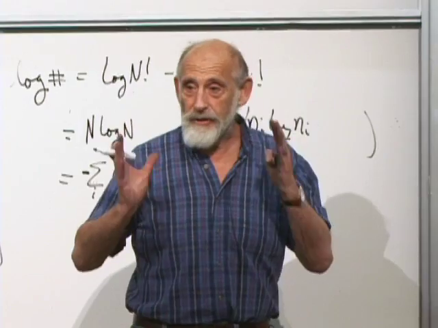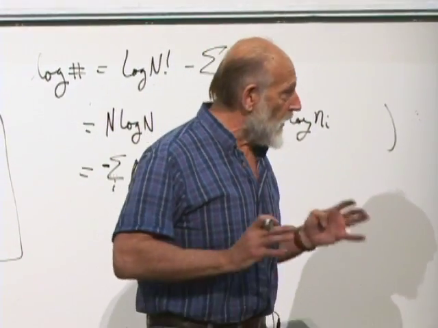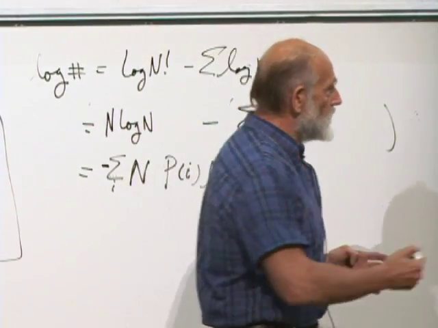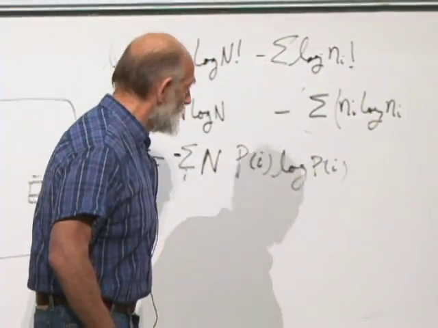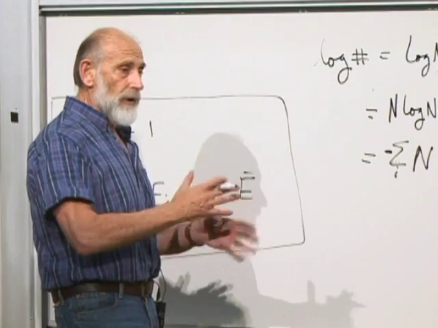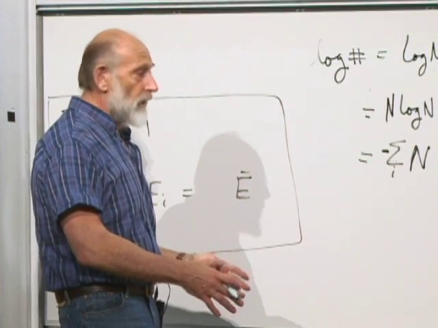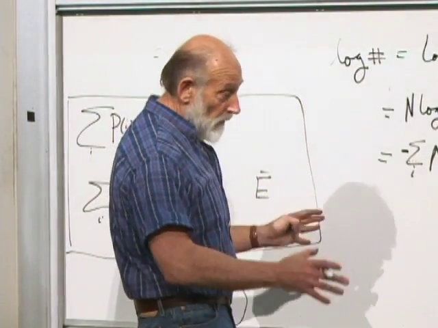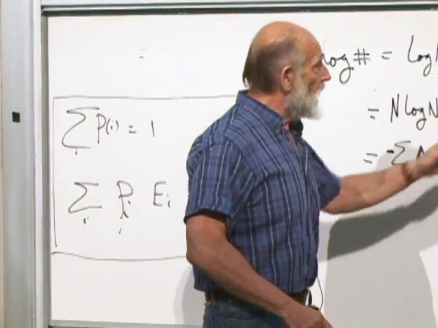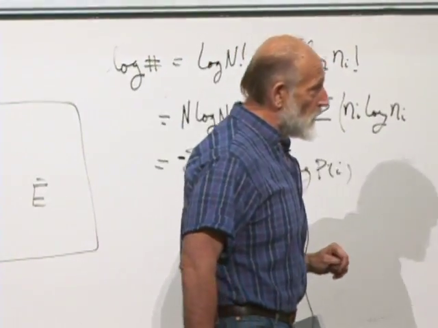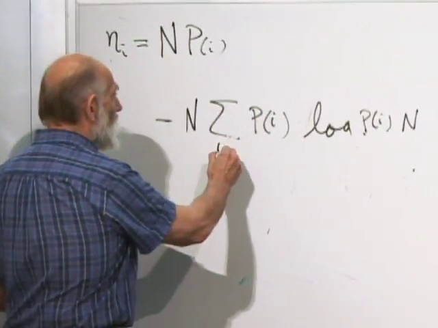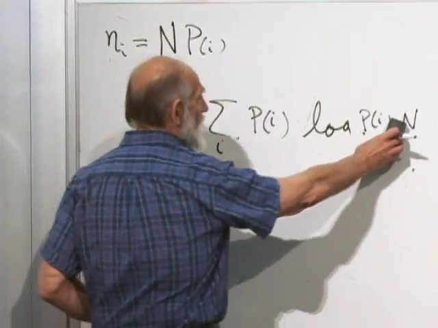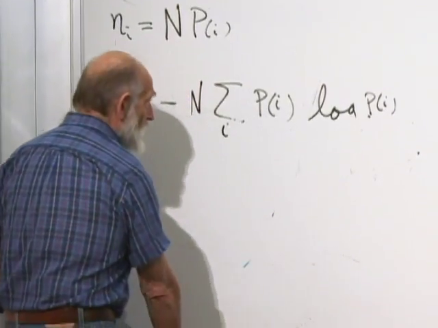But our problem, let's take our mathematical problem now. Our mathematical problem, first of all, has a minus sign in it from here. We're given the logarithm of the number of ways of rearranging things to get a given set of occupation numbers, which is just minus n times the sum over i of p of i log p sub i.